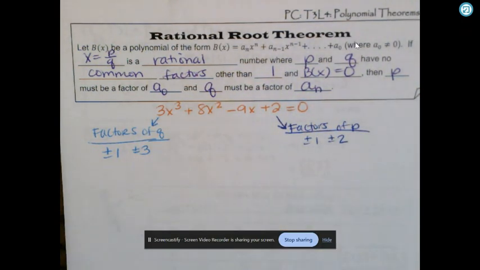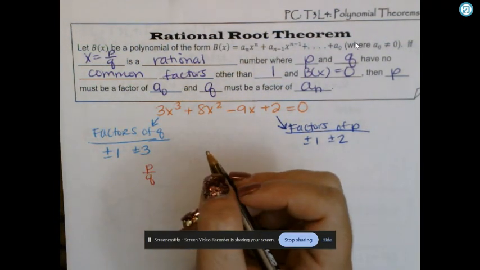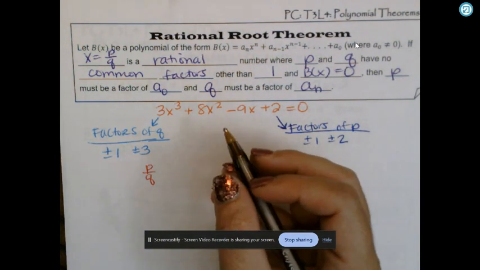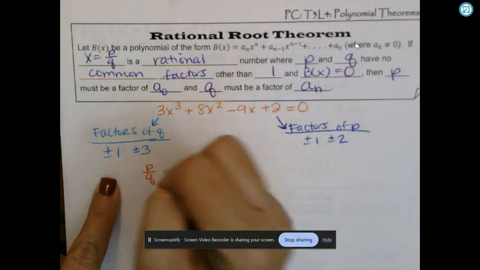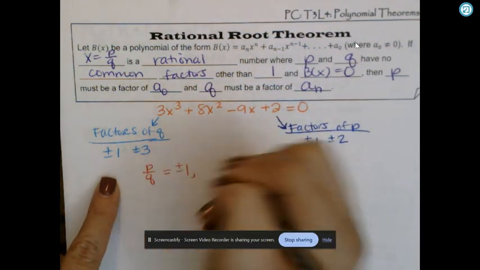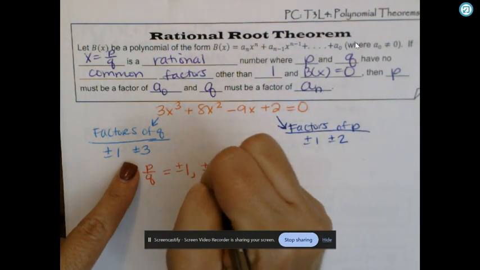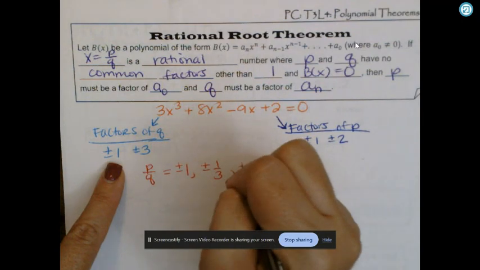So if we make the ratio of P over Q, stick with me here. This is a lot of work initially, but then it'll make sense in a little bit. So the ratio of P over Q: if I take 1 and put 1 over 1, that gives me 1. 1 over 3 gives me 1/3. 2 over 1 gives me 2.